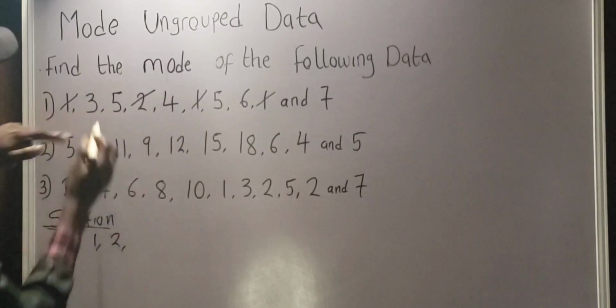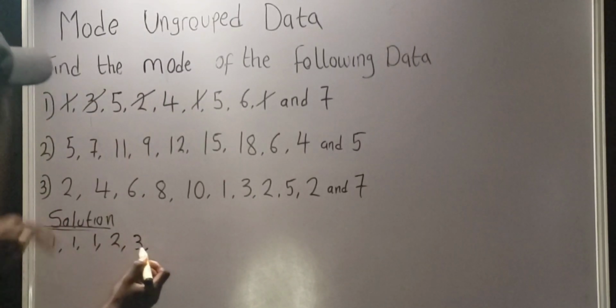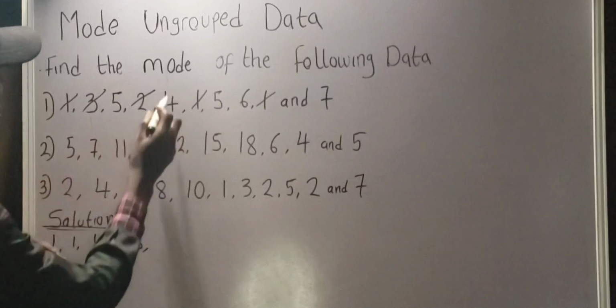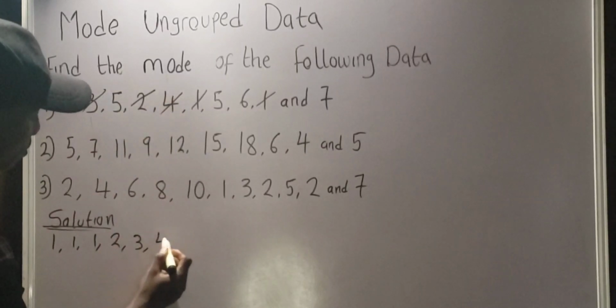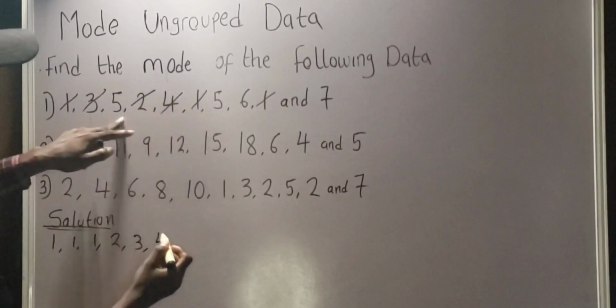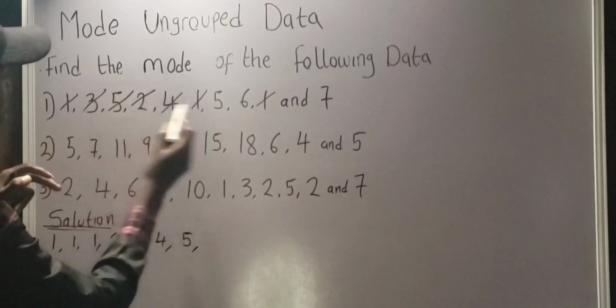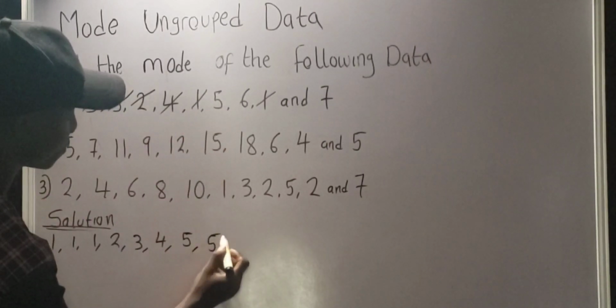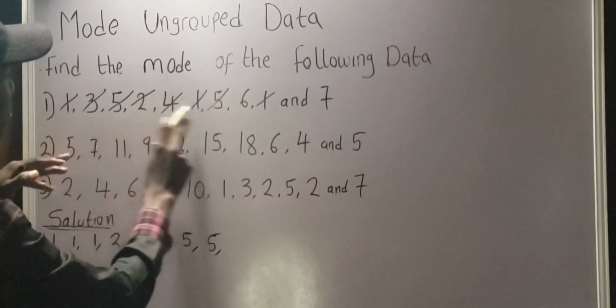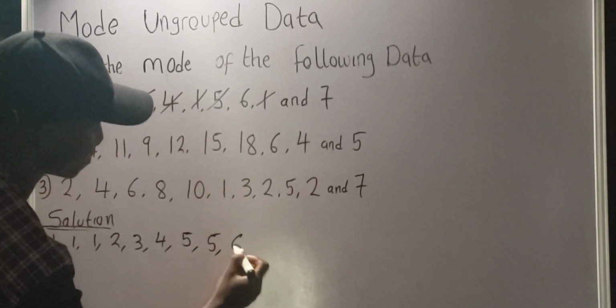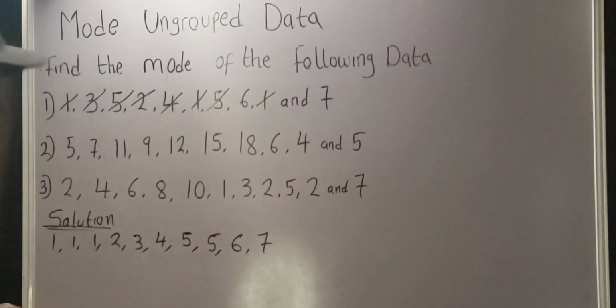So I have 3. So I have 4. Then 5. I have another 5. Then 6. So I have already arranged this data set in an ascending order.